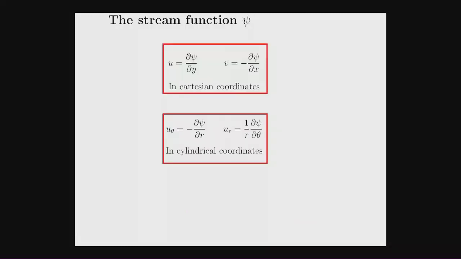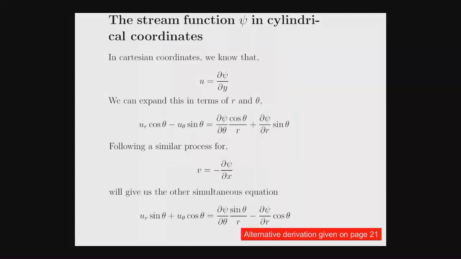So basically, I'm going to get u theta equals negative del psi del r, and ur is going to be equal to 1 over r del psi del theta, just by comparing the cosine and sine terms in this equation here and also the equation below. There is an alternative derivation, and that's on page 21 of your lecture notes, so please have a look at that as well.